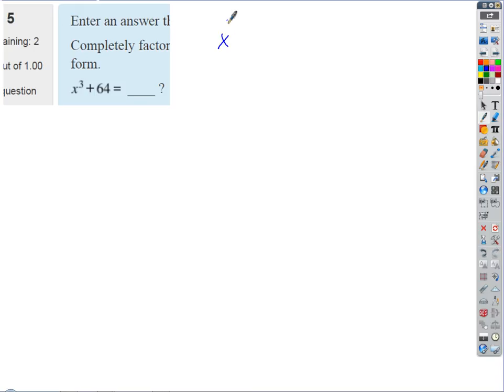So we could write that as x cubed plus 4 cubed. And so what's that going to factor into? X plus 4, X squared minus 4x plus 4 squared, which is 16, right?